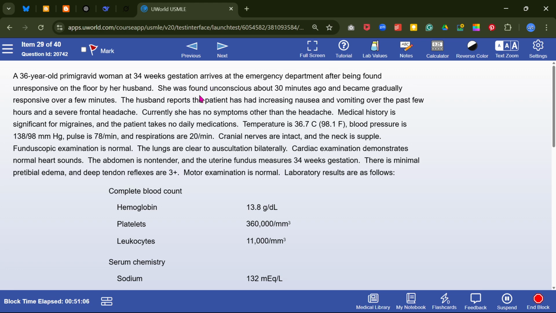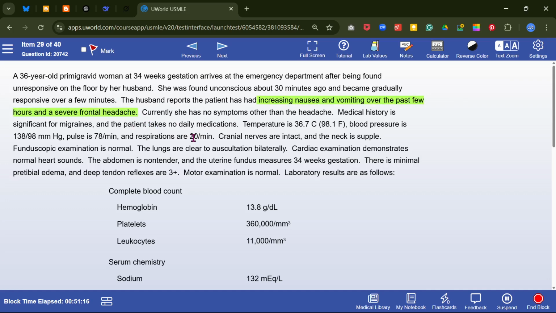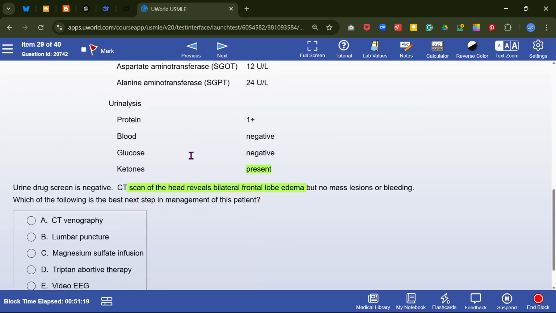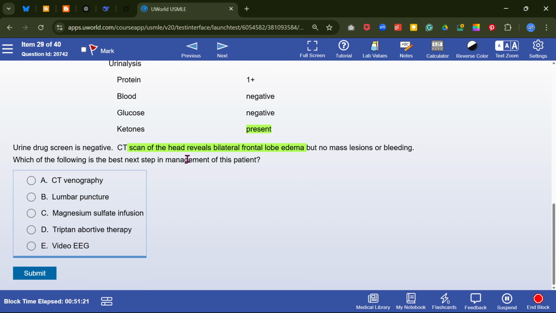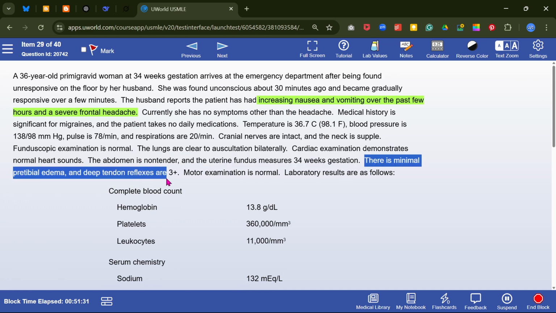She has a problem. What was her problem? Just increasing nausea and frontal headache. Is it the signs of eclampsia?